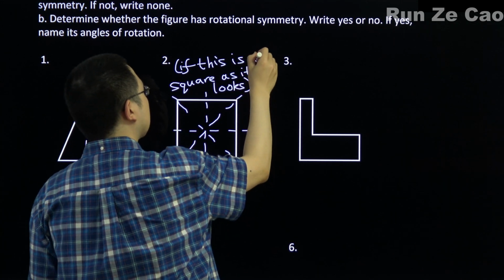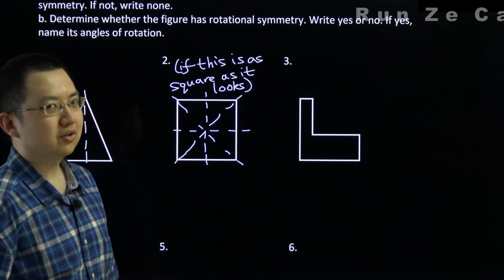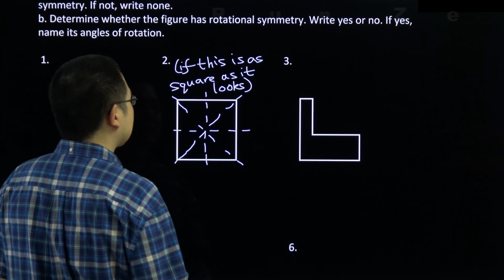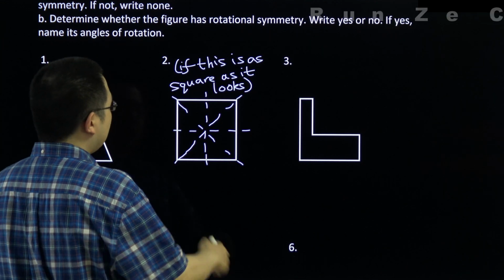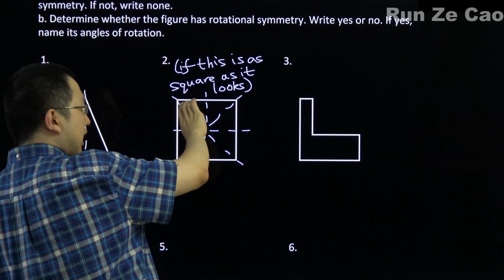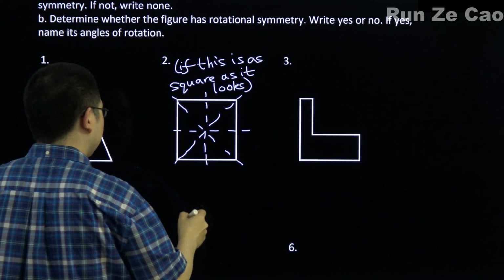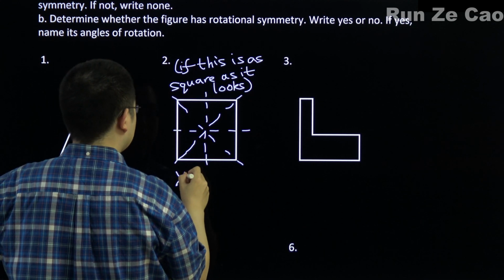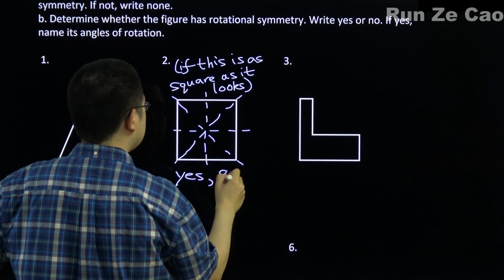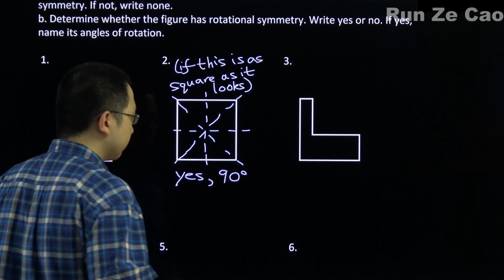Well, in this case, it's as square as it looks. So it has rotational symmetry because you can rotate it 90 degrees and it fits on itself. So our answer is yes, 90 degrees.